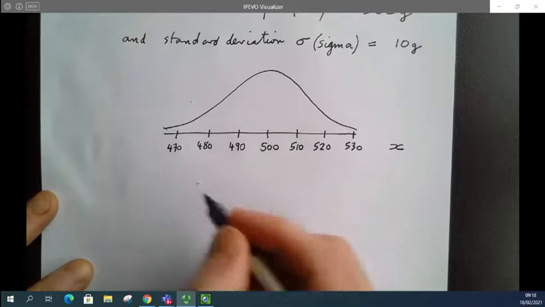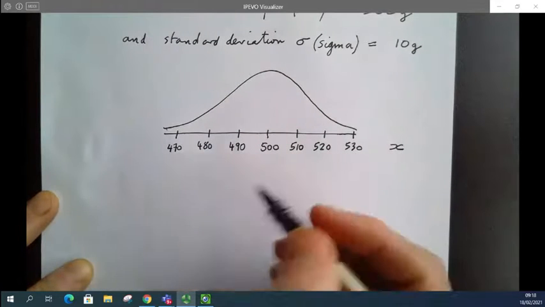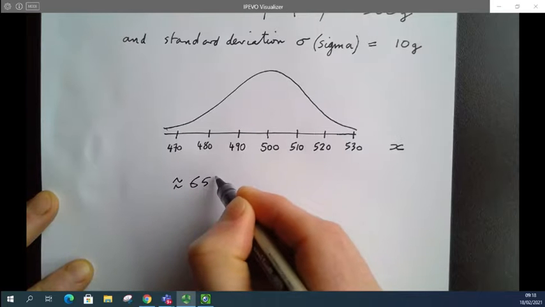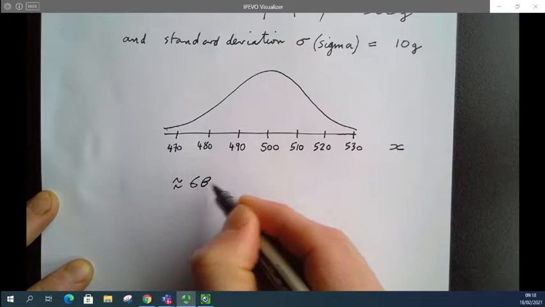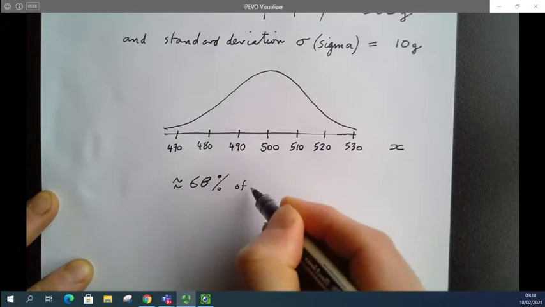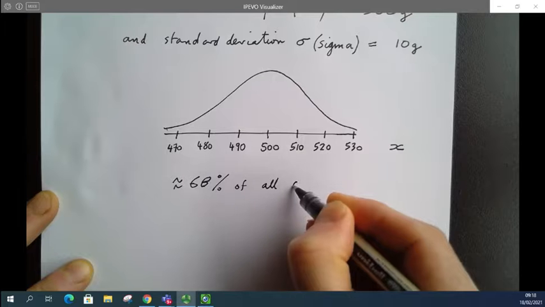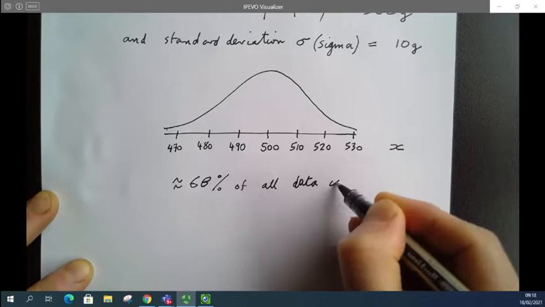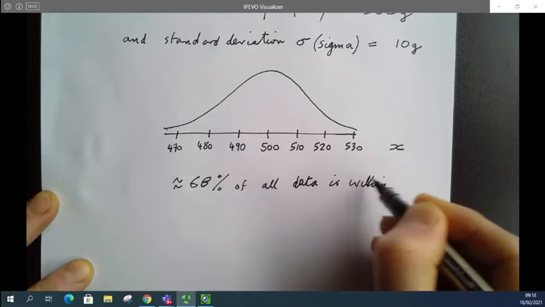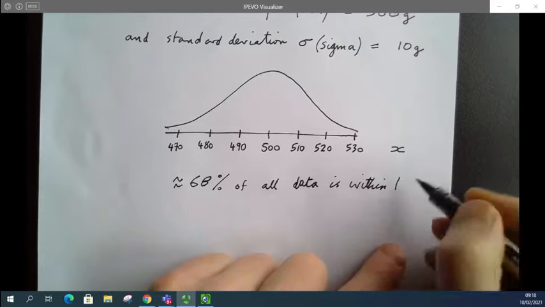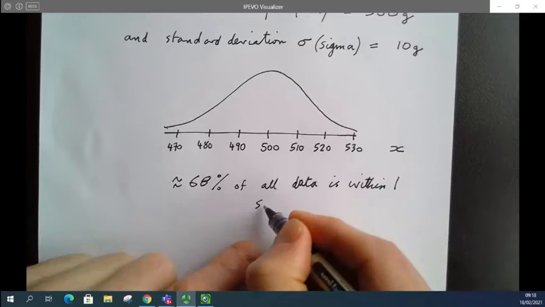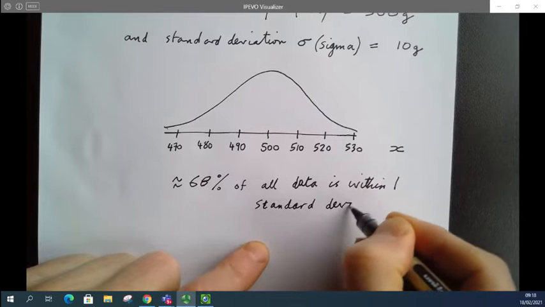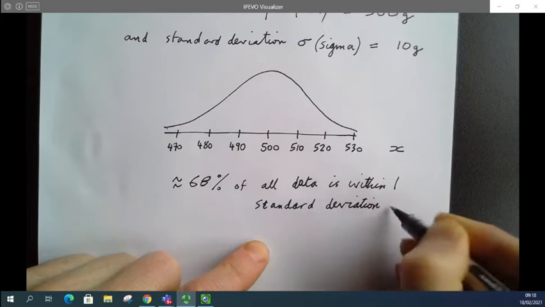Now what's interesting about a normal distribution is the following. Approximately 68% of all data is within one standard deviation of the mean.